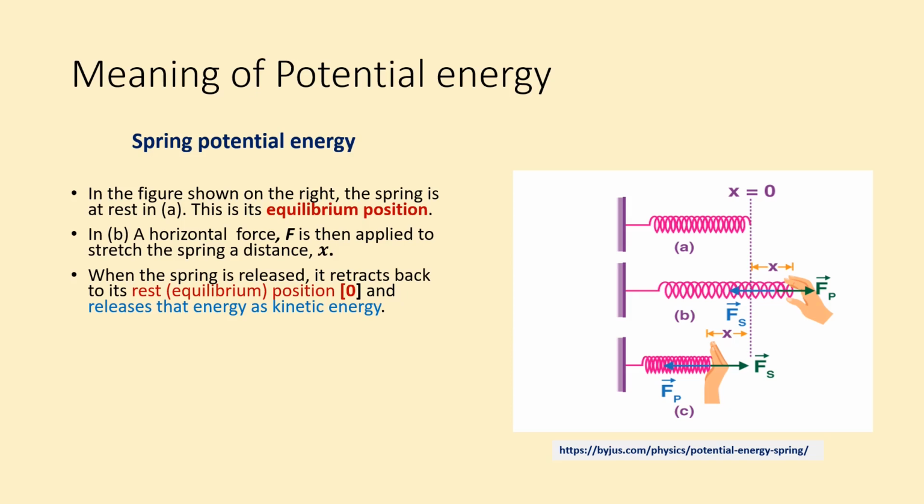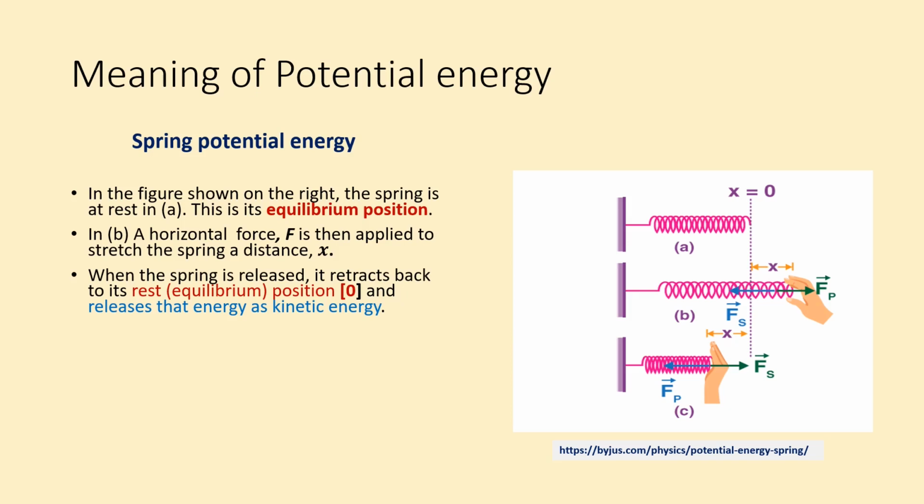And if you look at the last diagram now, part C, this also applies to a compressing force as well. So a spring can either be stretched or compressed. In the diagram, you can see we are applying a compressing force Fp, which is the blue part. So you are compressing it away from equilibrium.